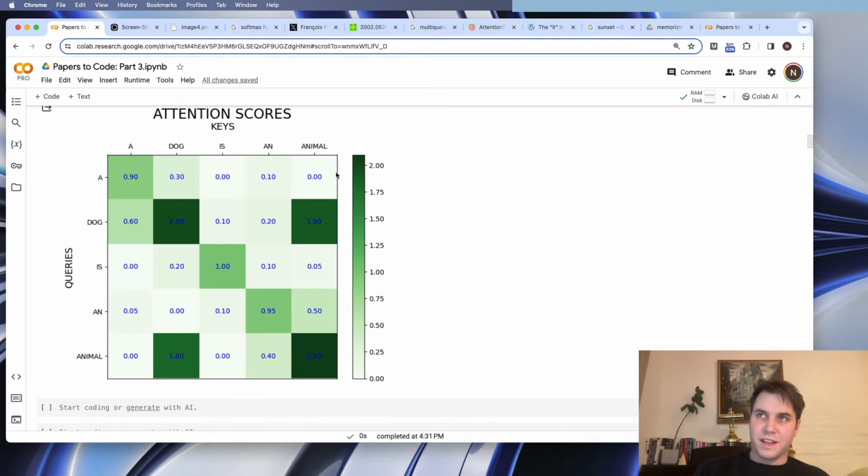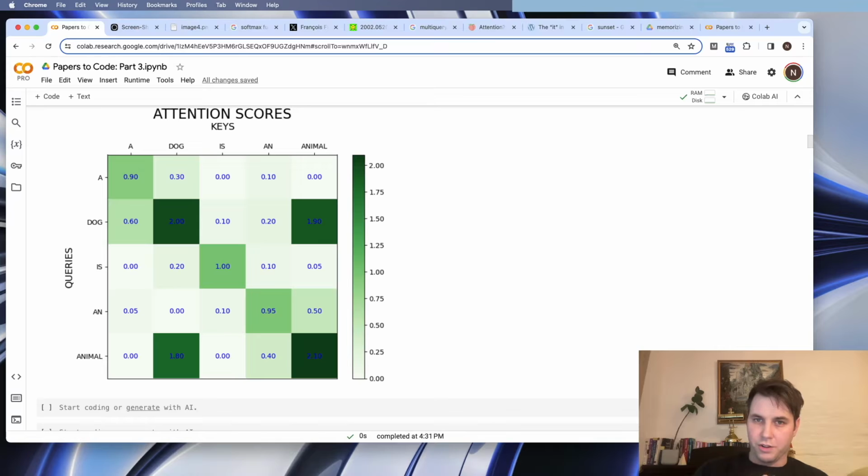So we want to feed in "a" and get "dog", and then we want to feed in the sequence "a dog" and get "is", and we want to feed in the sequence "a dog is" and get "an", and so on. So, for example, in our 512 token length sequence, we're actually creating 512 examples out of that one sentence. This is a nice trick that lets us feed in everything in parallel.